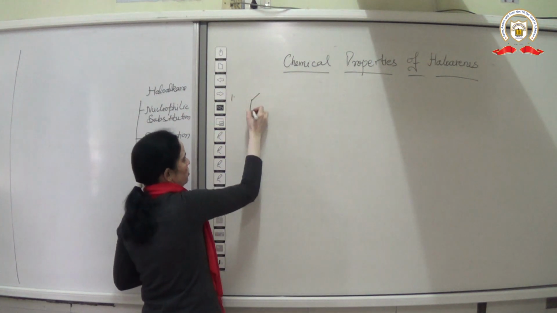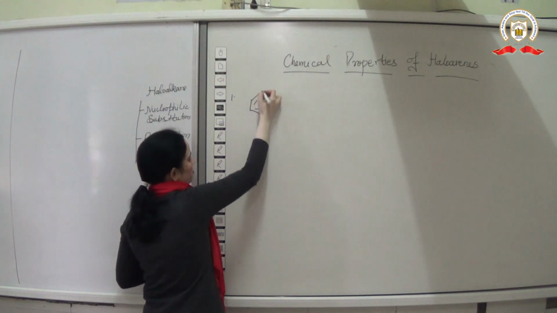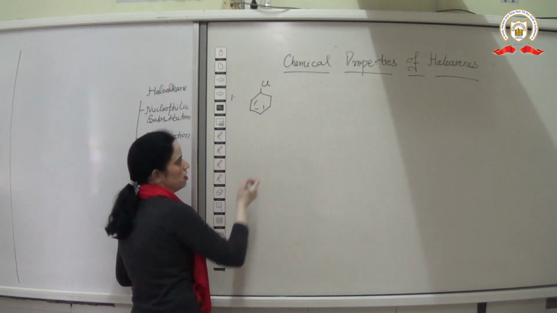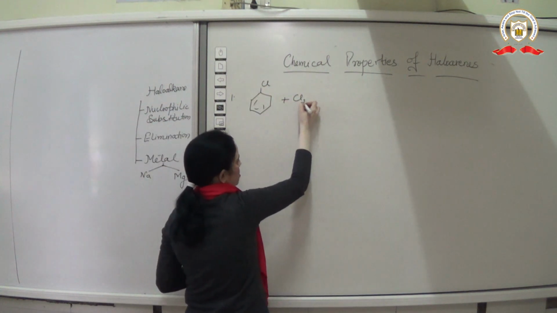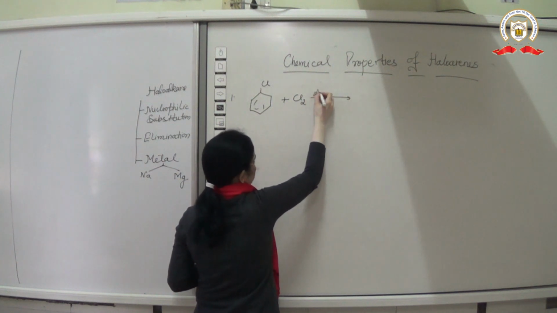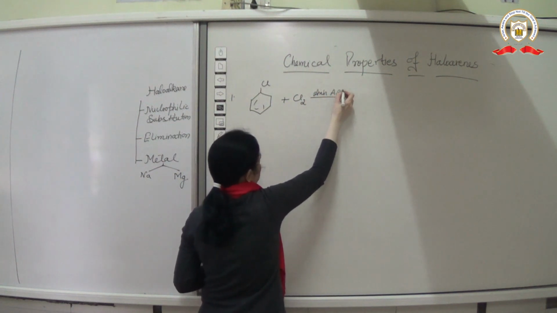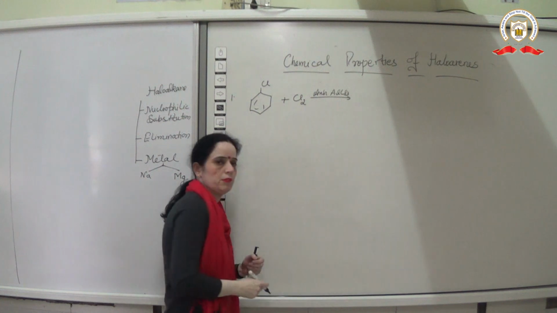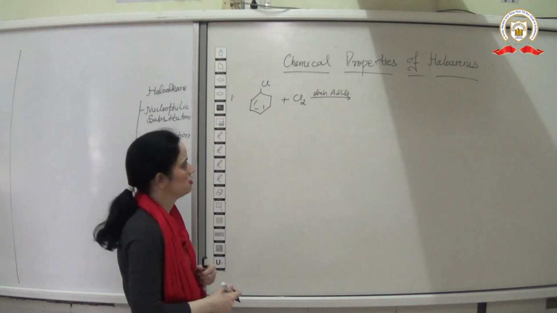So the first electrophilic reaction, we have taken chlorobenzene, added Cl2 in presence of anhydrous AlCl3. Remember, AlCl3 is a Lewis acid.